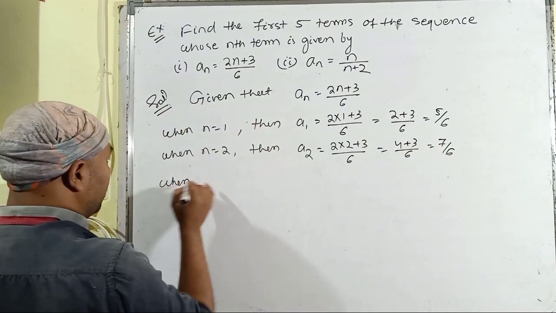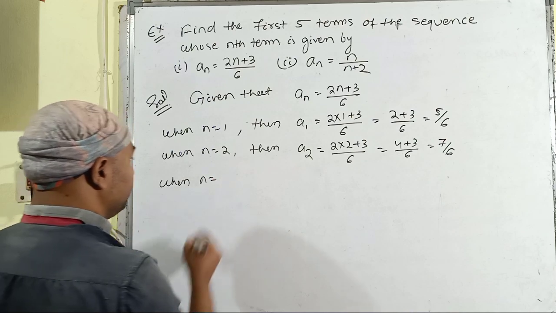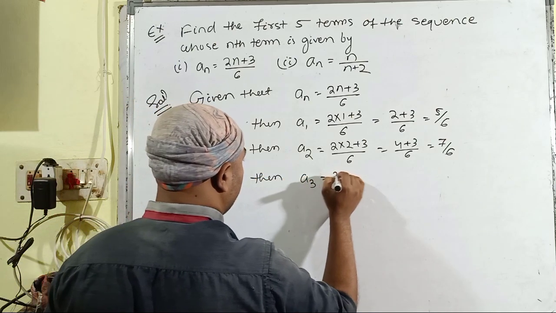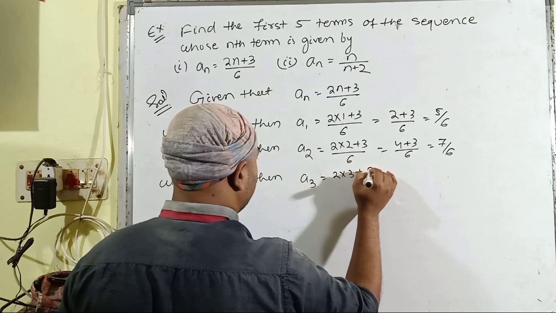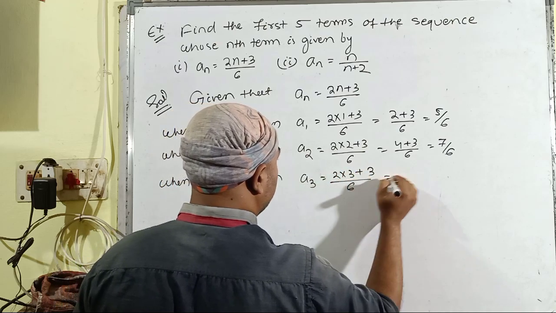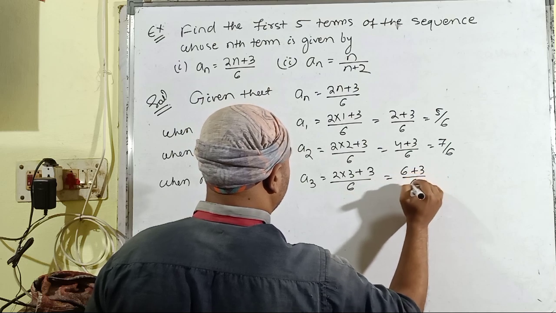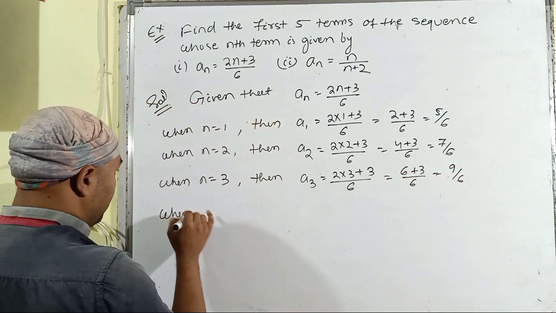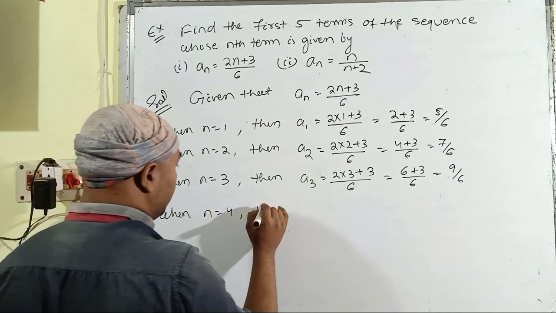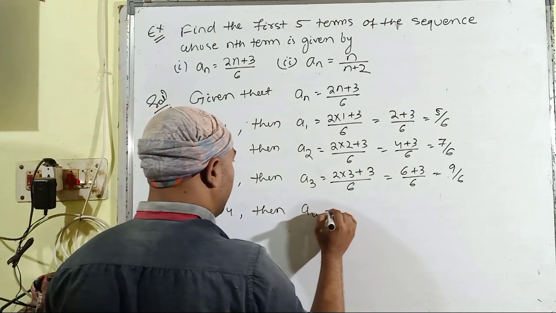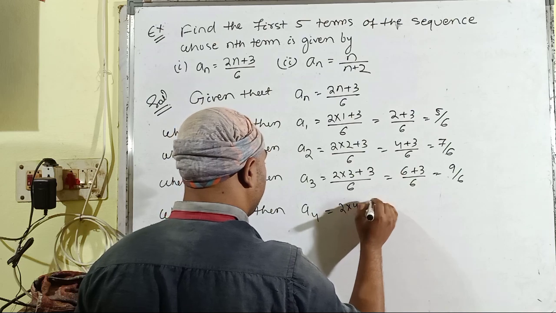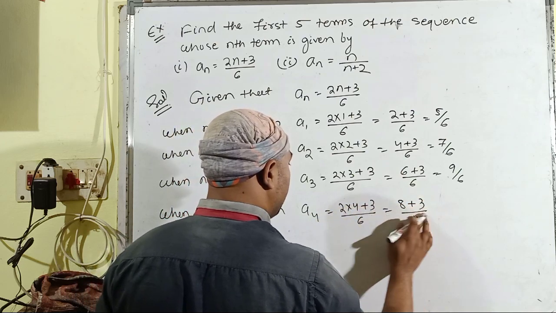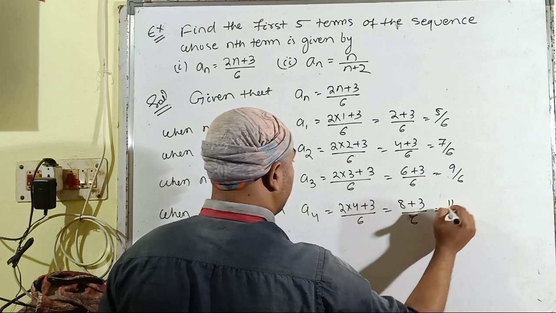When n is equal to 3, then A3 is equal to (2 into 3 plus 3) divided by 6, and it is 6 plus 3 by 6, that means 9 by 6. When n is equal to 4, then A4 is equal to (2 into 4 plus 3) divided by 6, that means 8 plus 3 divided by 6, and it is 11 by 6.